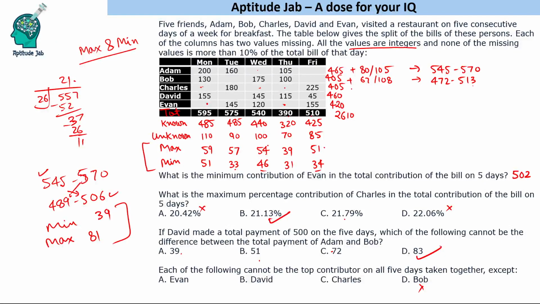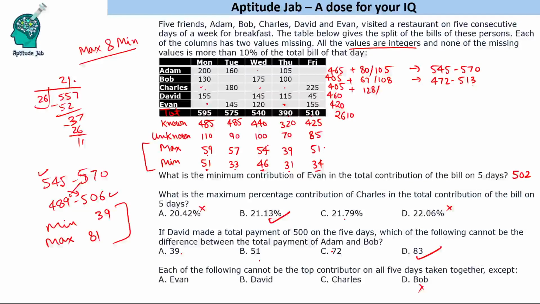Now let's talk about Charles. Charles, the minimum will come as 77, and no, so three values are missing. The minimum will come as 51 plus 46 plus 31, that is 128.